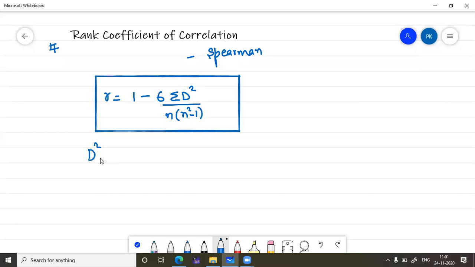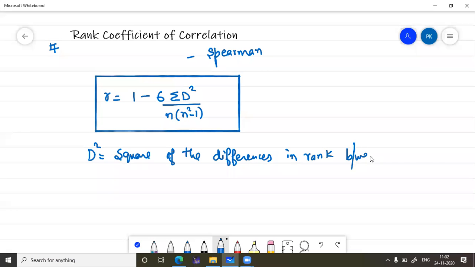And D square is the square of the differences in rank between paired values. As it is a correlation, it lies between +1 and -1.